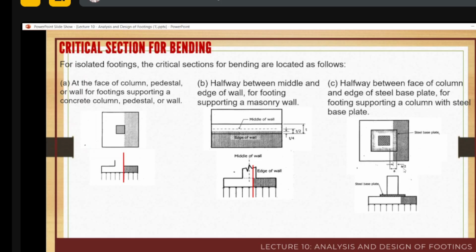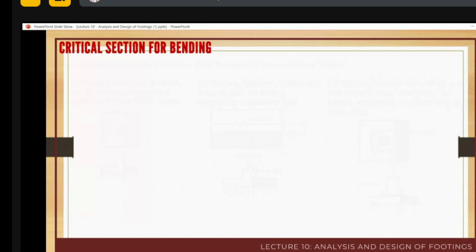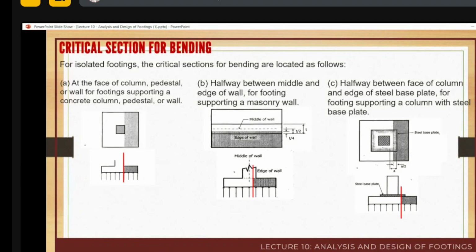So if this is A, then this will be the distance A over 2 as the direction of our bending consideration. So that is where it bends. If there is a steel plate, this is seen in the wall footing.